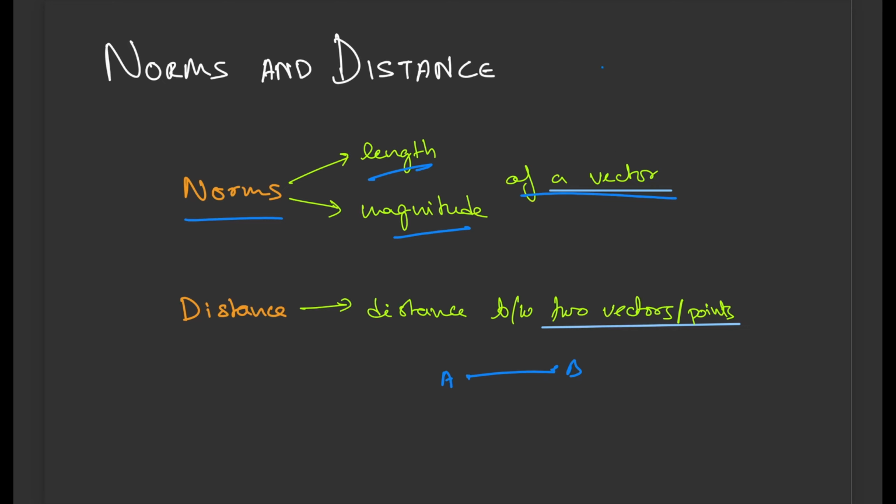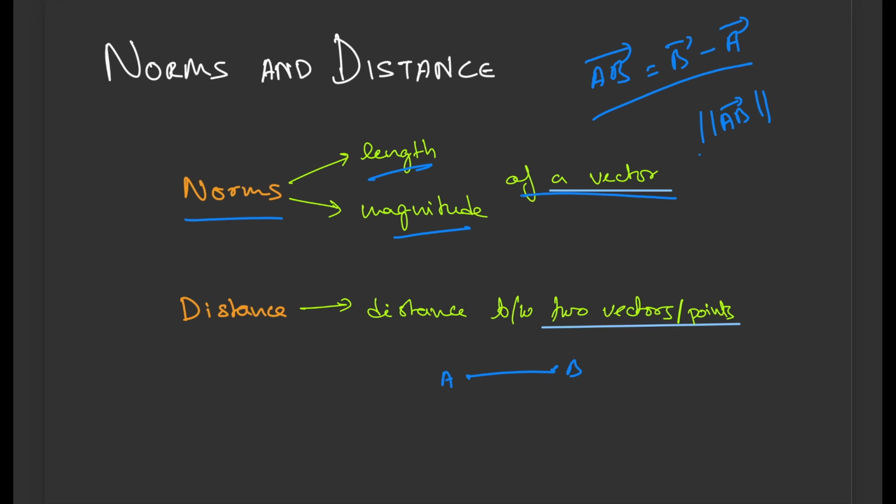So we have seen the vector AB, right? Vector AB, which was vector B minus vector A. This was the calculation for vector AB. So we can use the norm of vector AB. We use these two vertical lines on both sides to represent norms.